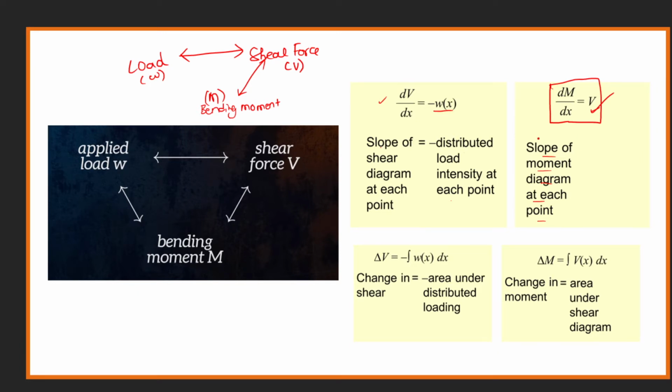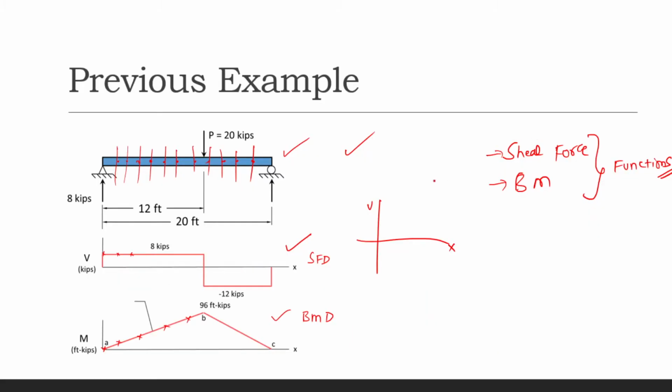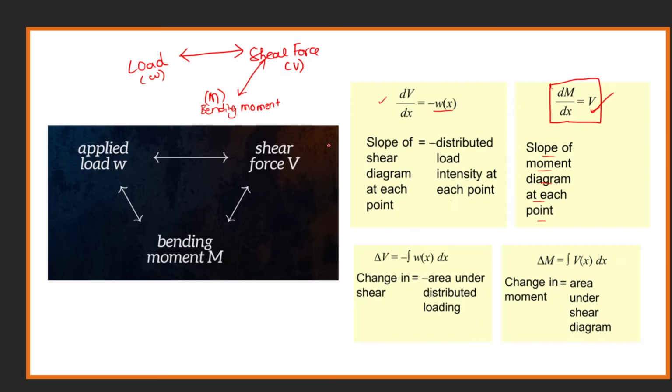So if you draw the bending moment diagram, and if you find out the slope at any point, this will give you the shear force. And if you find out the slope at any point on the shear force diagram, it will give you the negative intensity of loading. That's what it means.